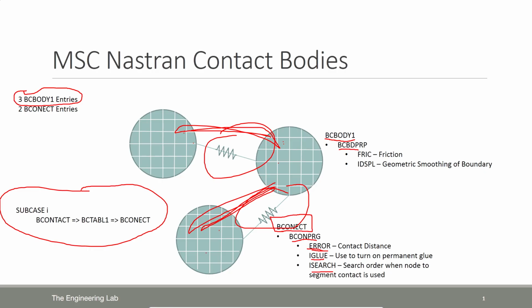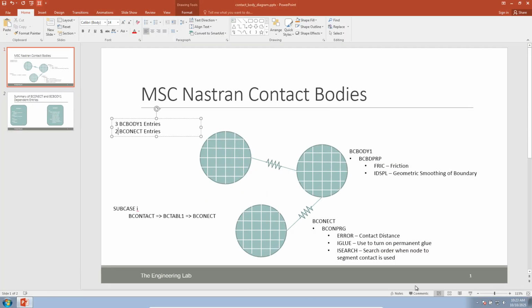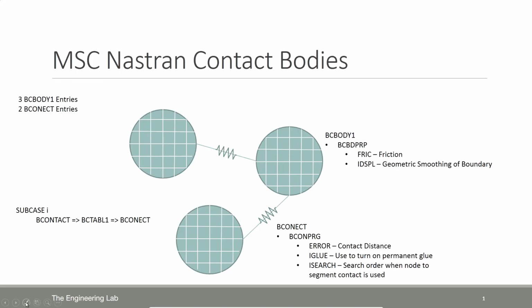Now, when you have different load cases, then you have to go ahead and assign these contact pairs to different subcases. The way you're going to do this is as follows. For each subcase, you define what's called a BCONTACT command. That is then going to point to a BCTABLE entry.